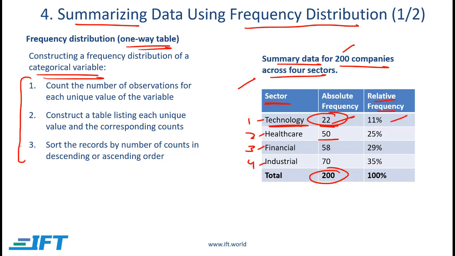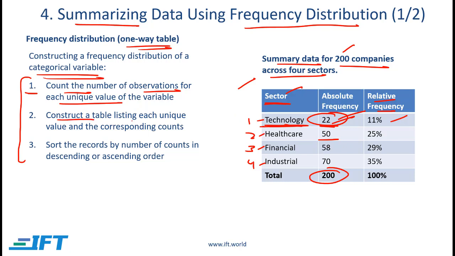We only have 3 steps. The first step is to count the number of observations for each unique value. In our example, the variable is sector, and then technology is a value, healthcare is a value, and so on. And here we have said that we identified 22 technology companies, so that's where the 22 is coming from.